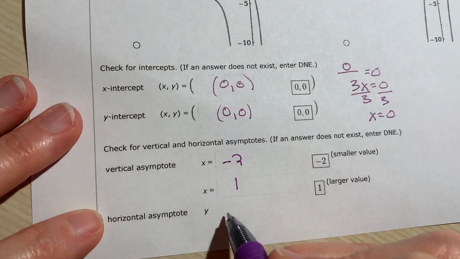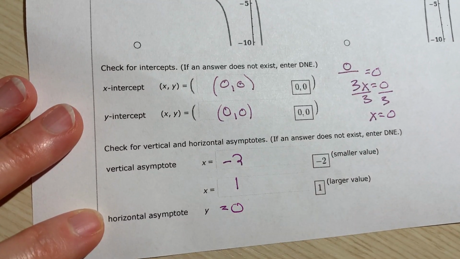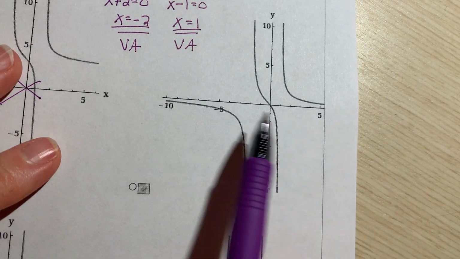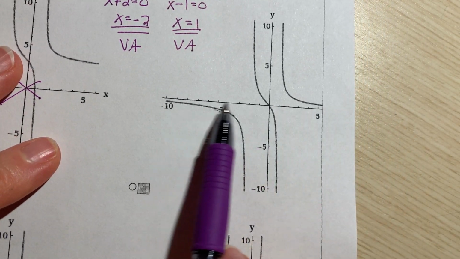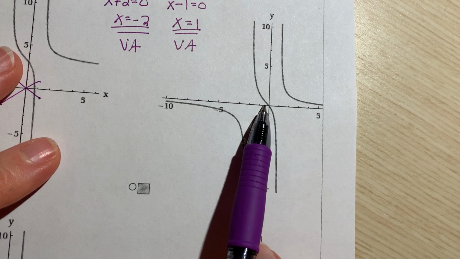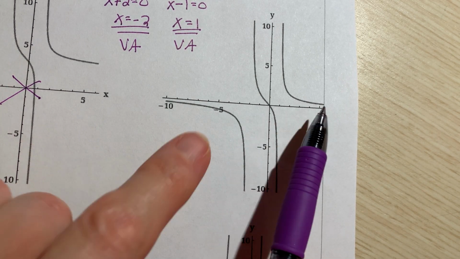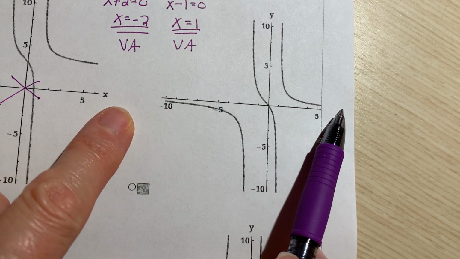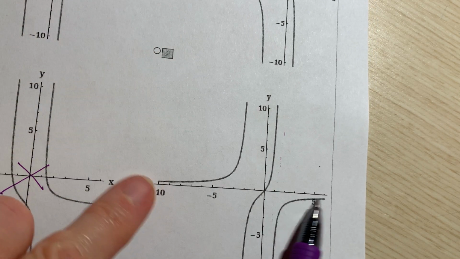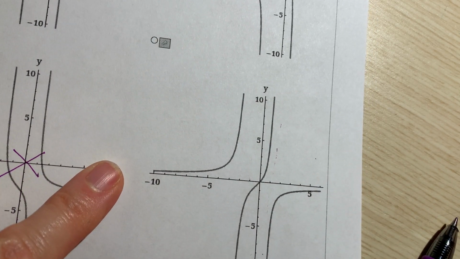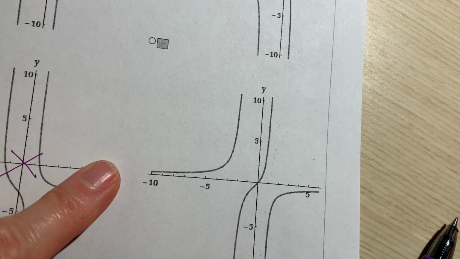So horizontal asymptote, y equals 0. Remember, at the center, it's okay if I intersect my horizontal asymptote. It's more at the ends that I'm looking for. So this one, at the ends, they both look the same.